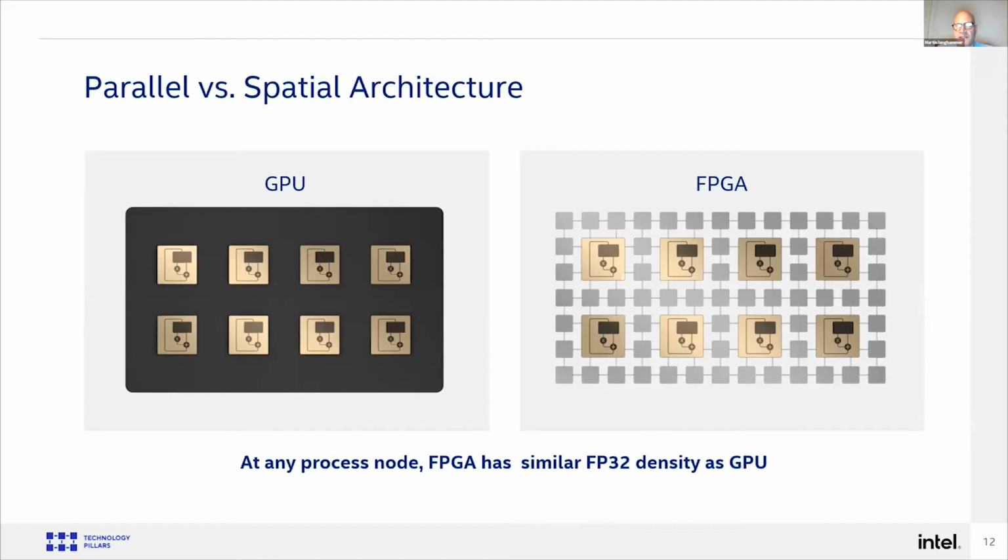So the FPGA is becoming increasingly more capable arithmetically over the last few generations. Now at any given process node, the FPGA has about the same amount of FP32 density as the GPU. We can think of these conceptually or physically, depending on the device, as tightly bound memory and floating point units.